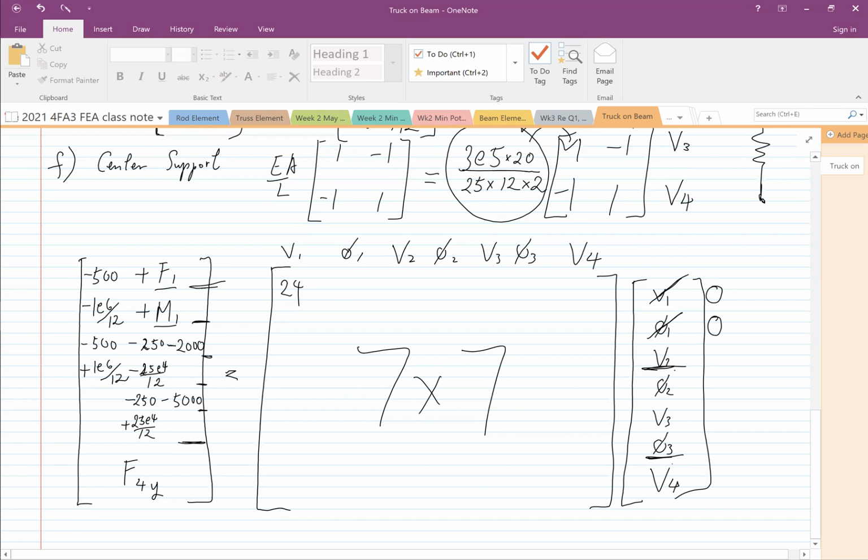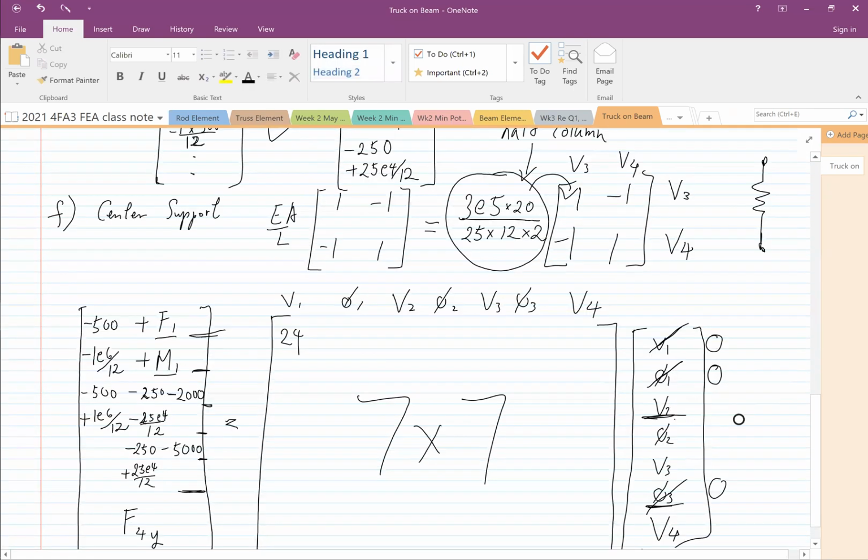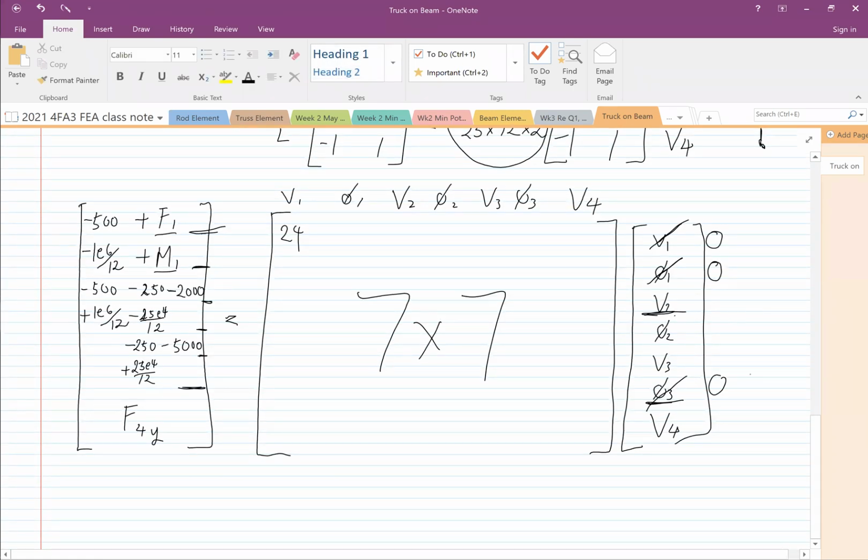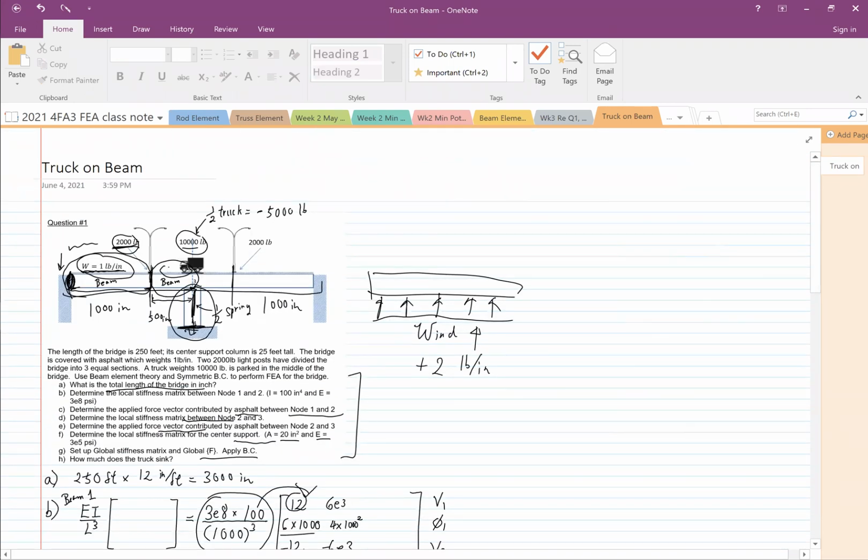Why is angle 3 0? Because everything is symmetric.